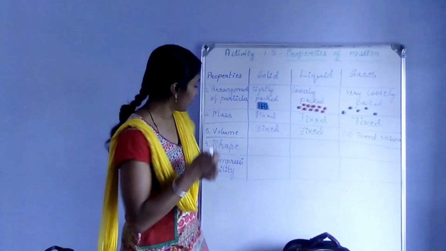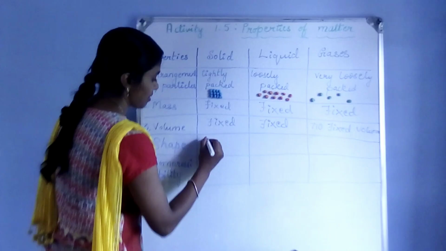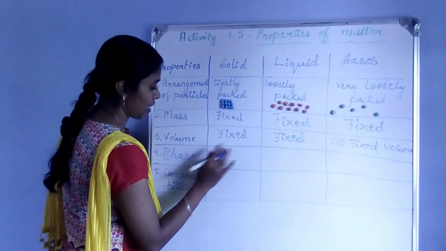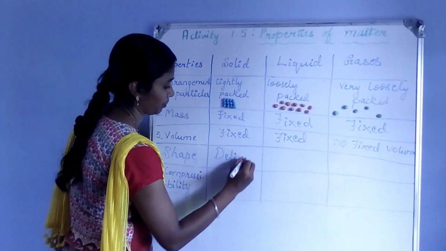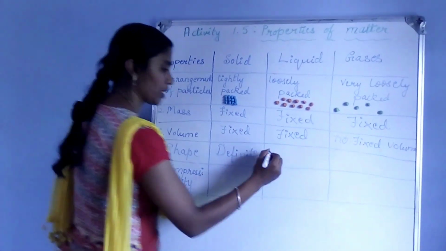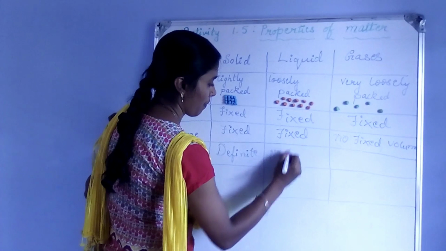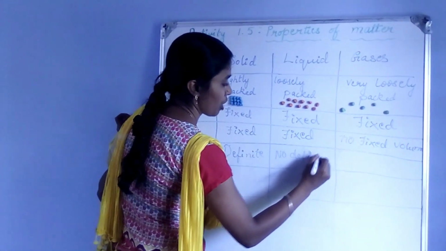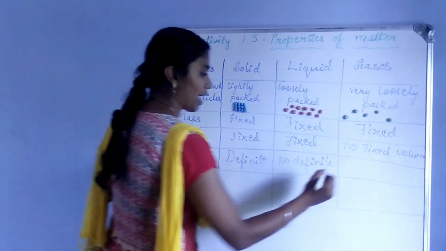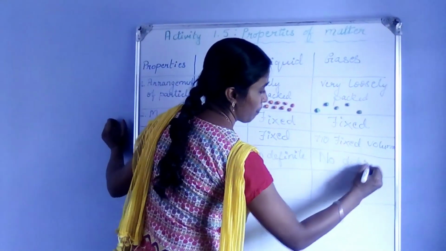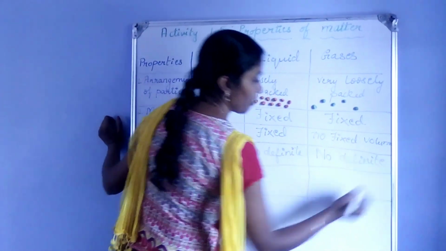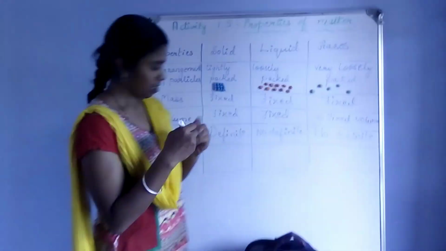So we'll fill up this. Solids have definite shape. Liquids have no definite shape because they take the shape of the container, and also gases have no definite shape. It takes the shape of whatever container we have kept it in.